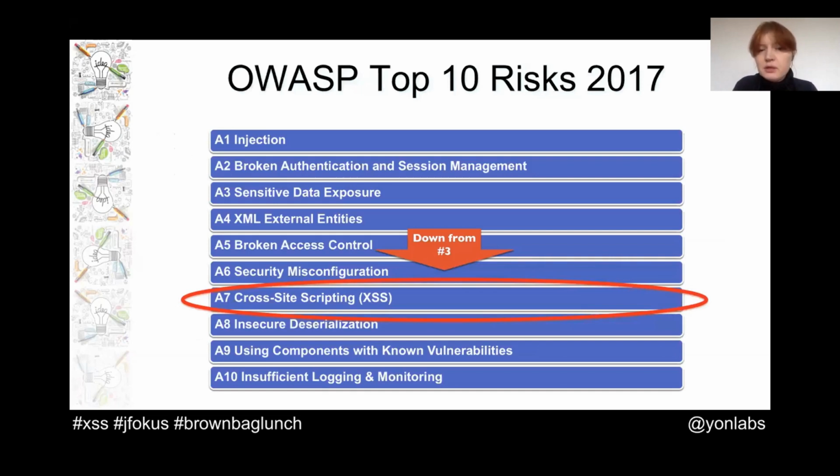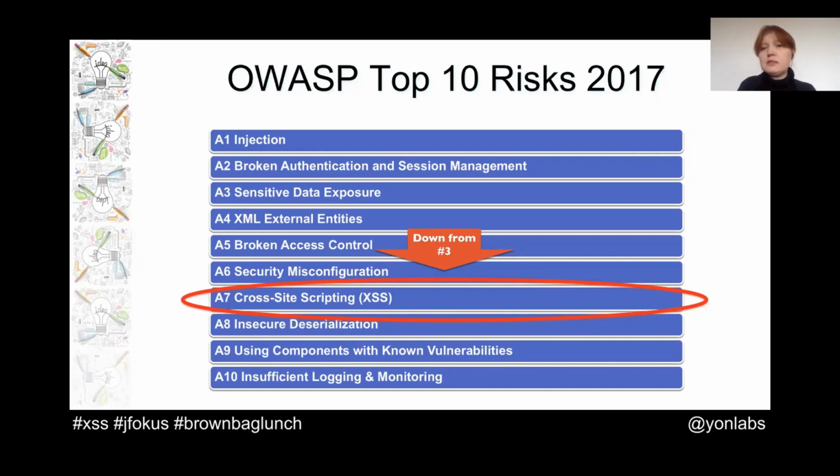Cross-site scripting was among the top 10 security vulnerabilities for years. I guess that you know OWASP, the Open Web Application Security Project. It's a non-profit organization which aims at increasing security awareness among developers. And basically, OWASP publishes top 10 security risk lists every couple of years.